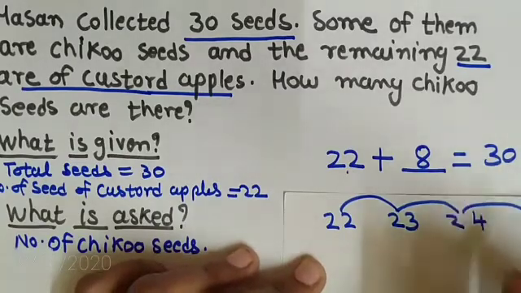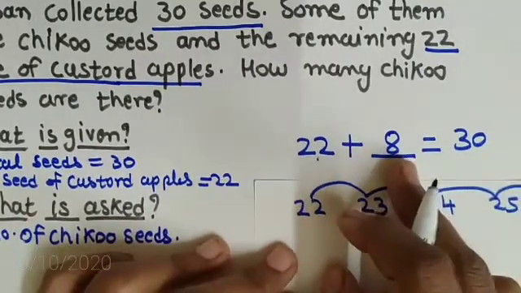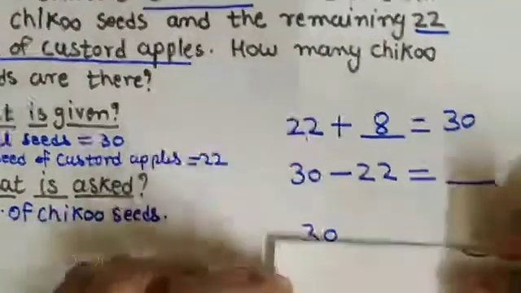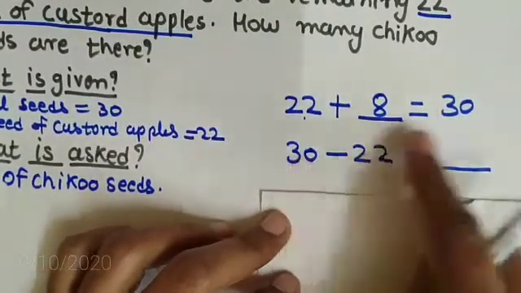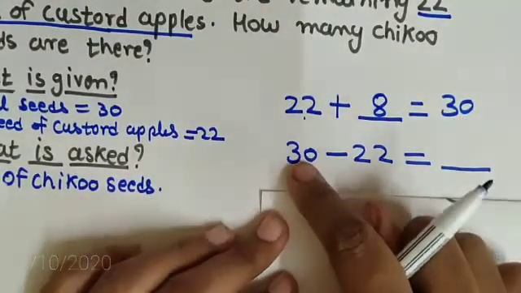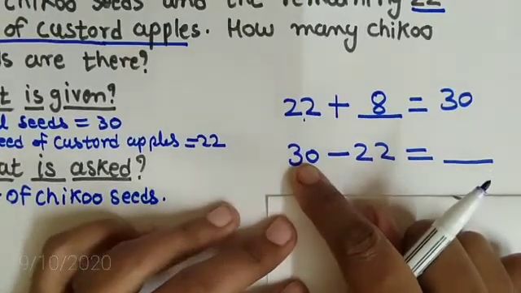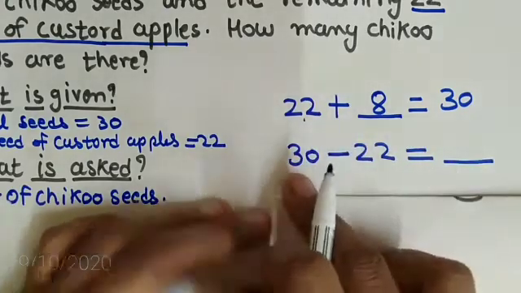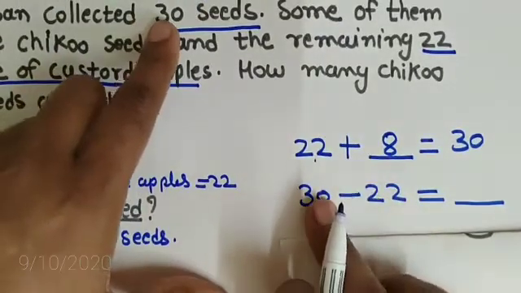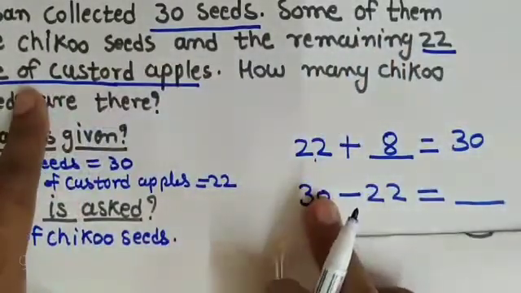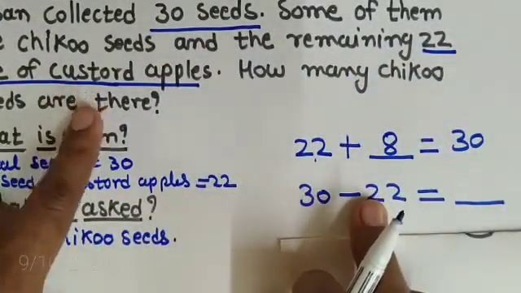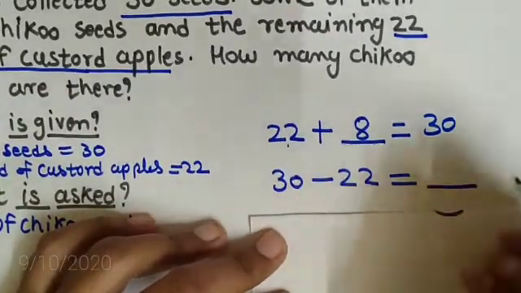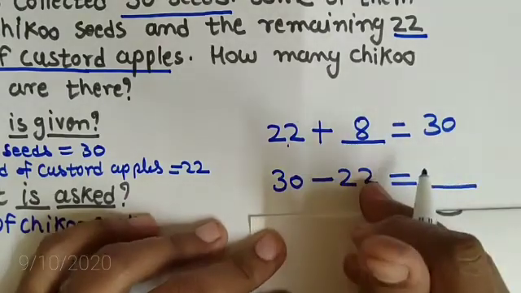Now we will convert this question into a subtraction. What we did, children, here we took the sum, that is 30. Now we will subtract one number, that is 22. Means we are having the total number of seeds as 30. From that we will take out the number of custard apple seeds, that is 22. So what we will get, children, here? The left, how many left?